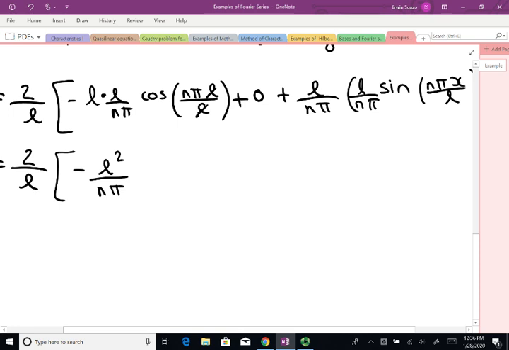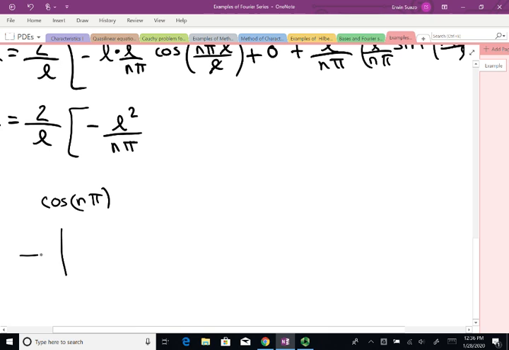So what is cosine of n pi? So look at cosine of n pi. This is cosine of 0. Right, so cosine of 0 is 1. This is cosine of pi, so this is minus 1.